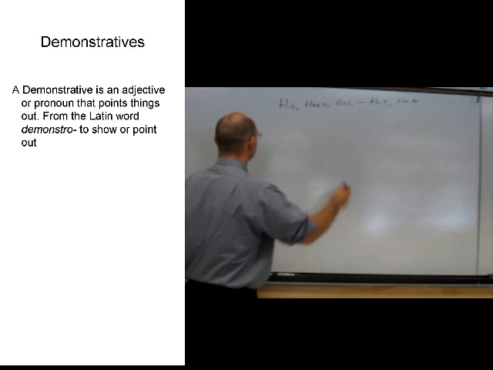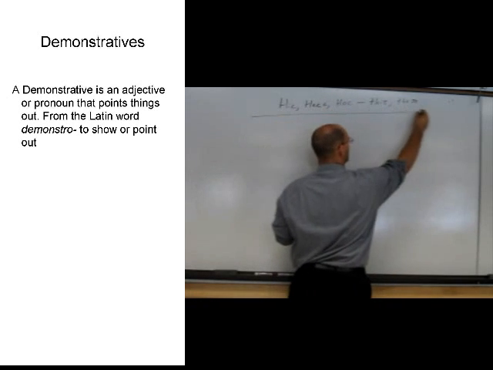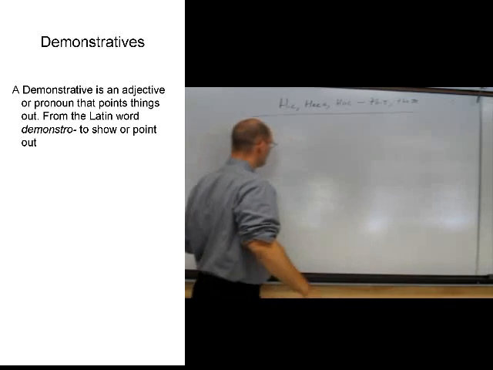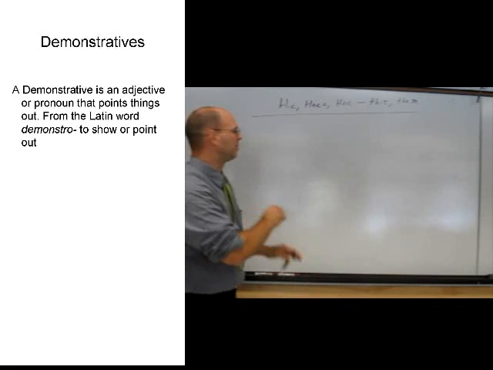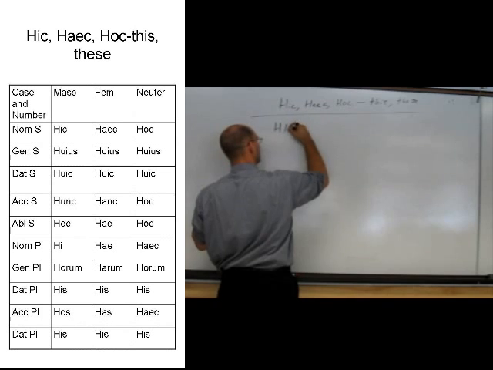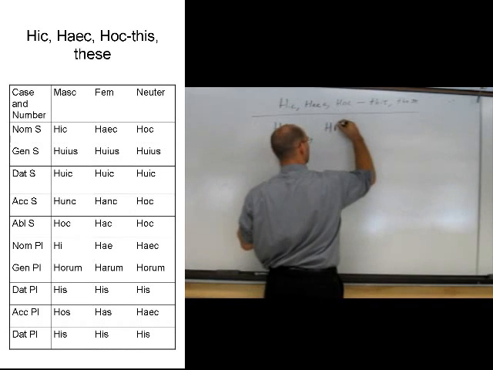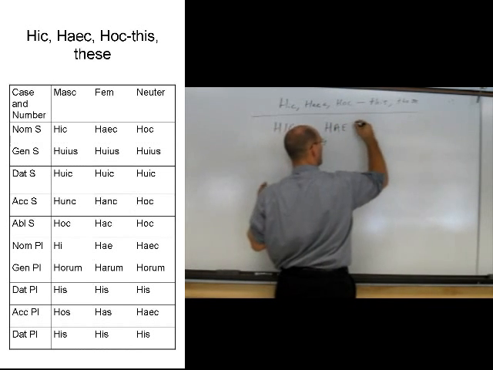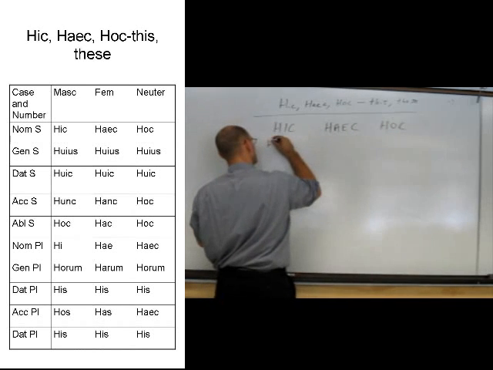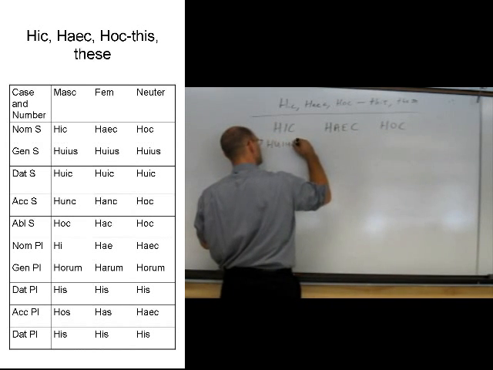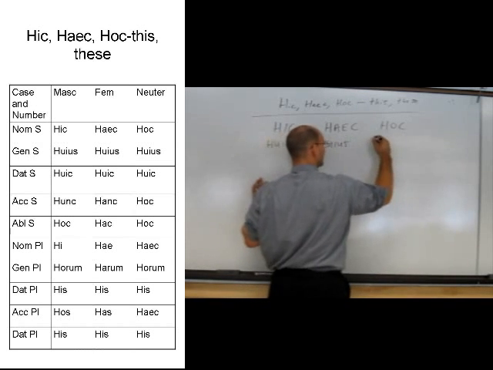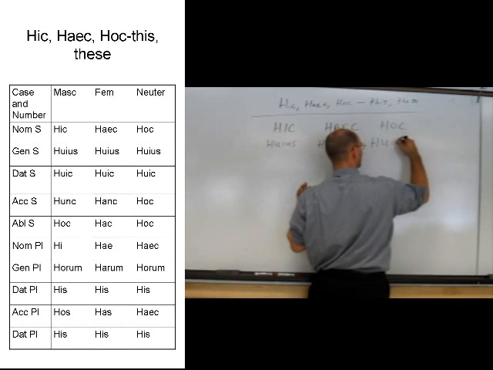And so you will like this or not like this, because it'll be similar to learning qui, quae, quod. So it's hic, haec, hoc. Then it's huius, huius, huius.